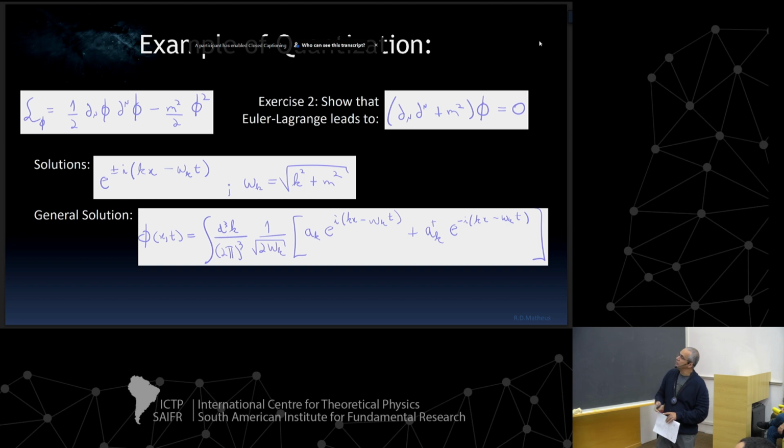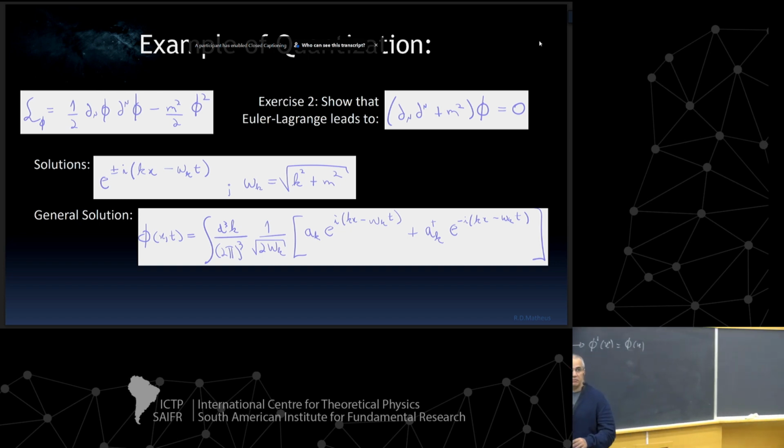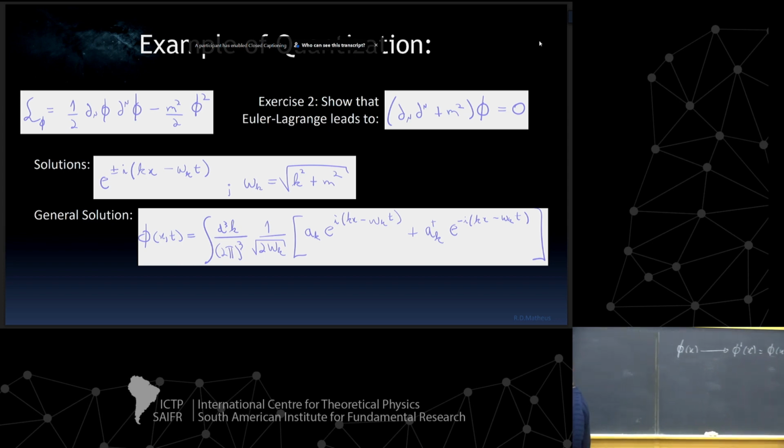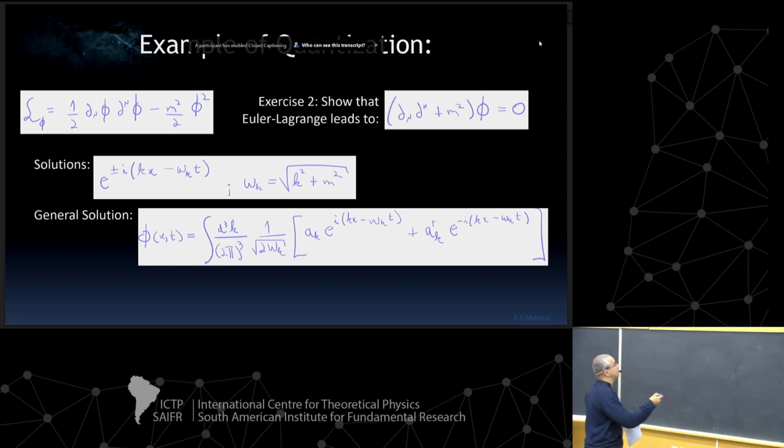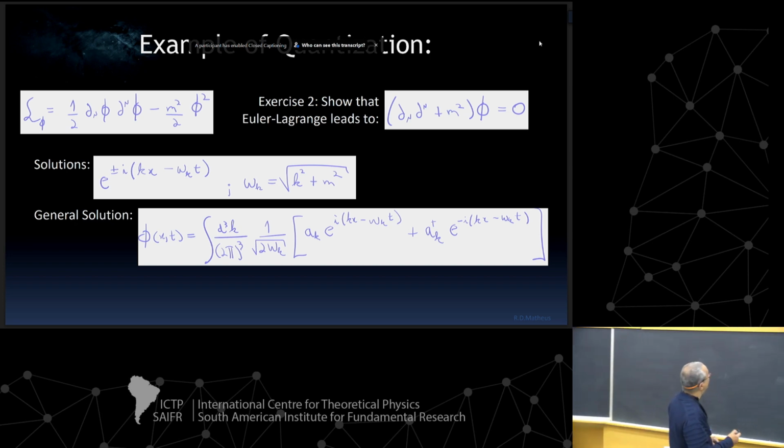You have to go to momentum space to get this solution. And so the most general solution is this one, where a and a dagger are just coefficients. This is just a Fourier decomposition, no big deal. You can check this is the solution: just substitute there and do the derivatives, and you'll see that it satisfies that equation.